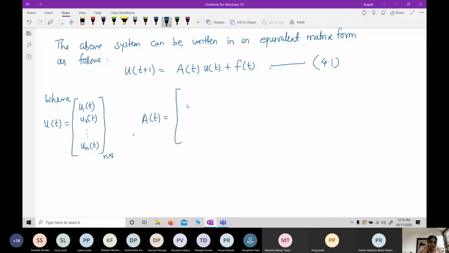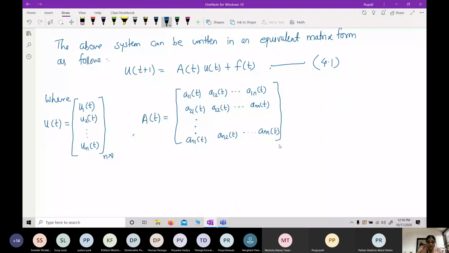It is matrix with first row a11t up to a1n t, then a21t, a22t, up to a2n t, and last one is an1t, an2t, up to ann t.